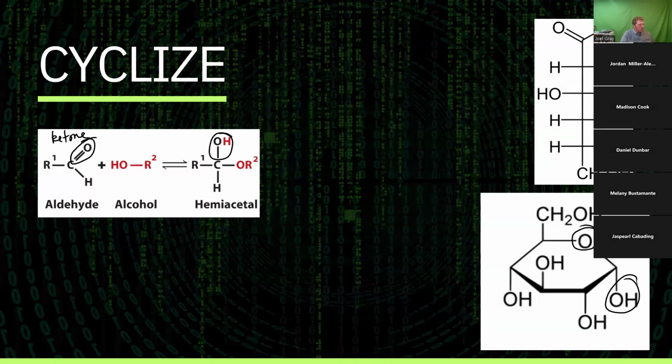We're looking for a hemi close. Oh, there we go. A hemiketal. Ketone plus an alcohol yields hemiketal. Okay, there you go. And there's our bonus point.